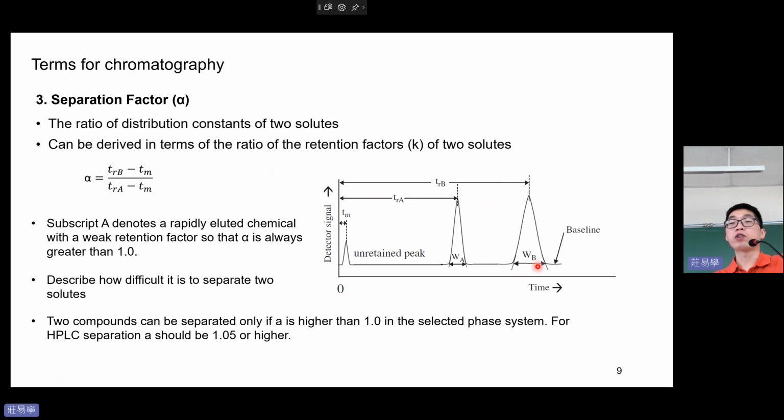For example, if we are focusing on compound A and compound B, how well they are separated, we can use alpha to rationalize it.